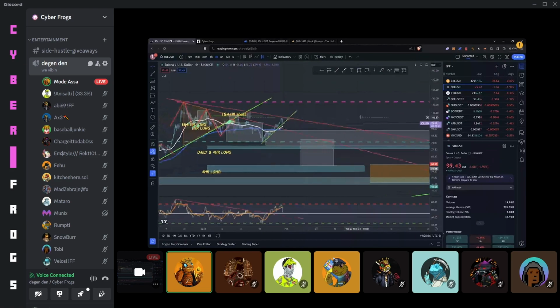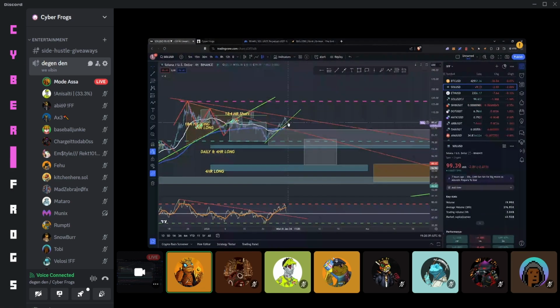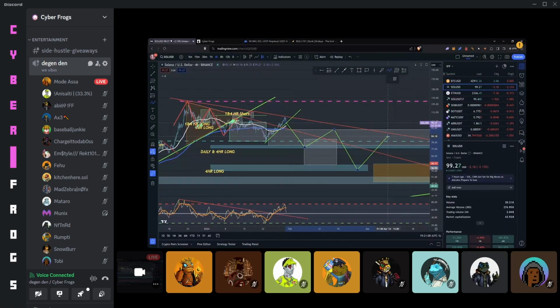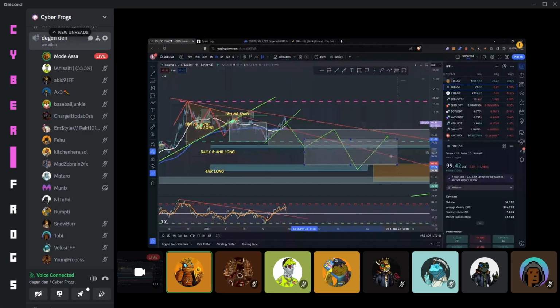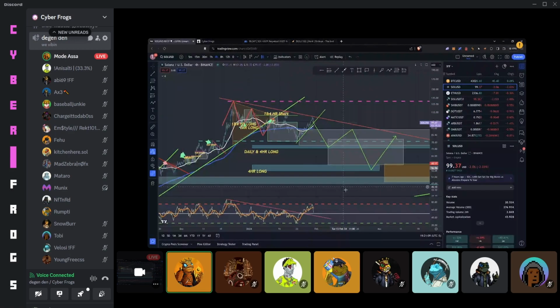But if that is our resistance and we do come down, we could see how we could then fill this call, retest the EMAs, retest the downtrend, fill that long, come down again, making the lower low, retest the downtrend, which would fill this call, right? So basically it would eliminate that line and that would be our new downtrend.